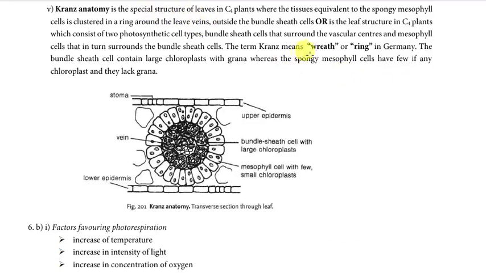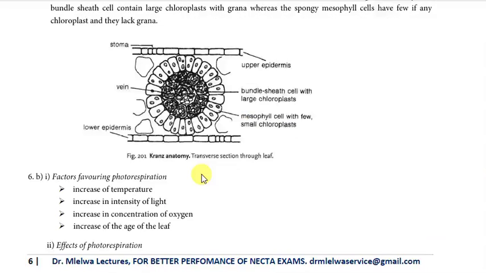The term Kranz means ring in German. The bundle sheath cells contain large chloroplasts with grana, whereas spongy mesophyll cells have few if any chloroplasts and they lack grana. So it is the bundle sheath cells and mesophyll cells that make up the Kranz anatomy.